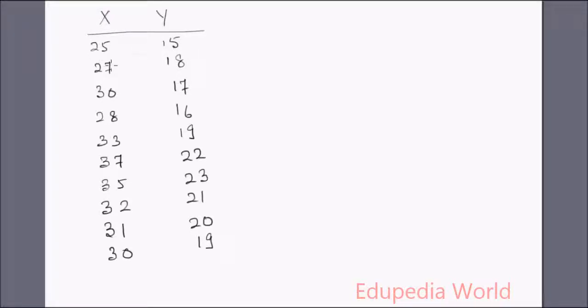Now, in the concurrent deviation method, what is actually seen is whether there is a change from the previous one to the next one in the positive direction or in the negative direction. For example, if we see here, there is an increase of 2. I consider this to be positive. It's increasing in the positive direction by 2 units.